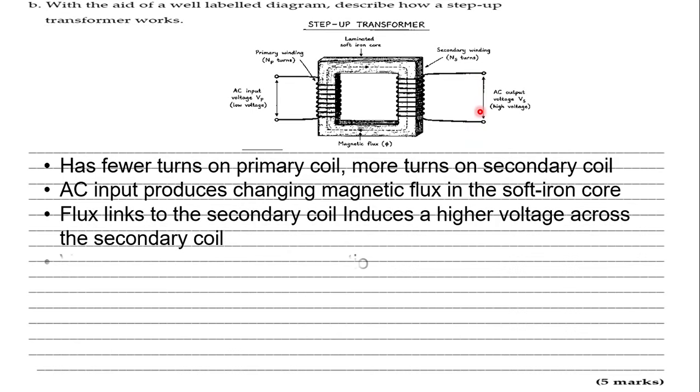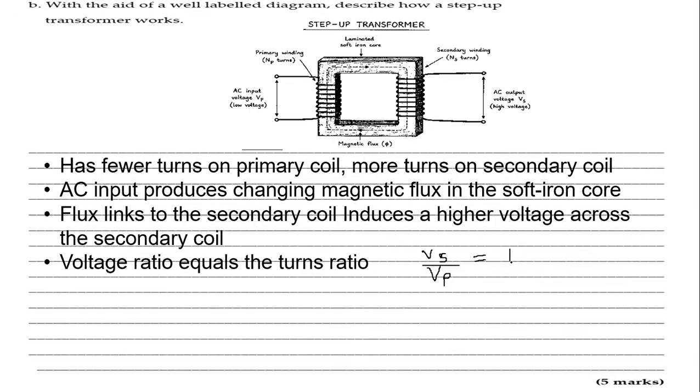All right. So the voltage ratio equals the turns ratio, meaning that the voltage in the secondary coil over the voltage in the primary coil is called the voltage ratio.